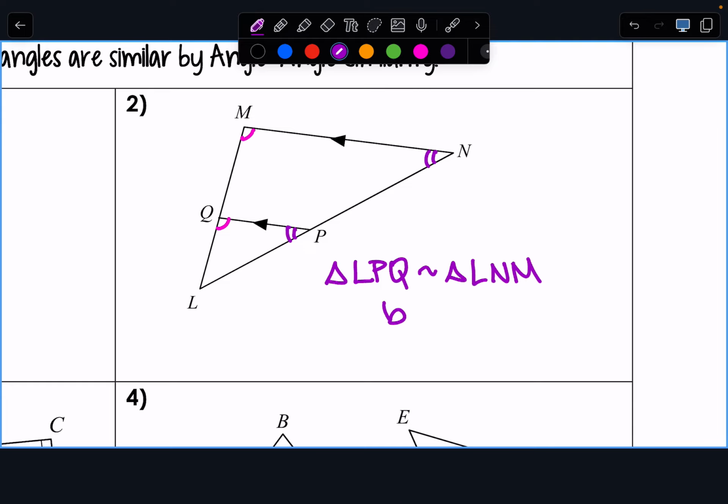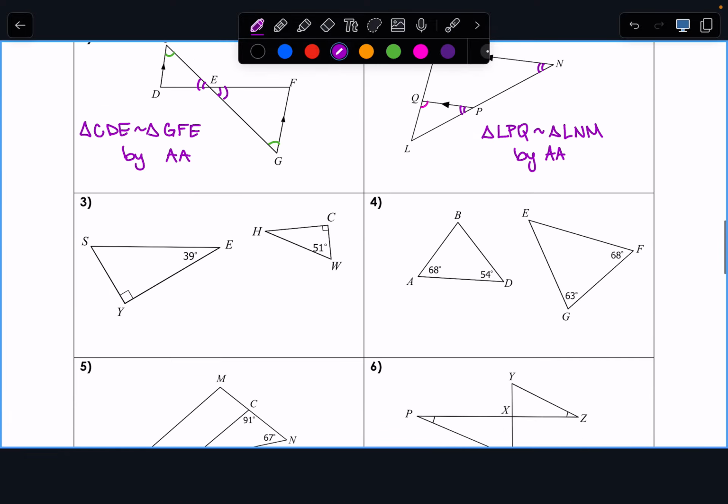LNM. Yeah, so we're talking about triangles, not a trapezoid, right? You're going to see a triangle inside of a triangle quite a few times today, okay? Don't get scared.